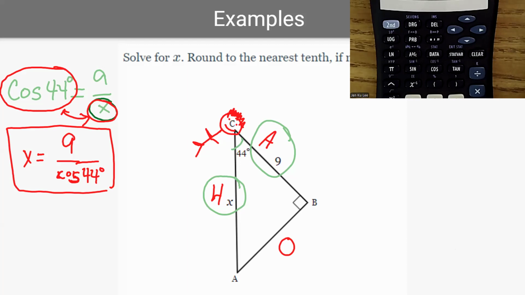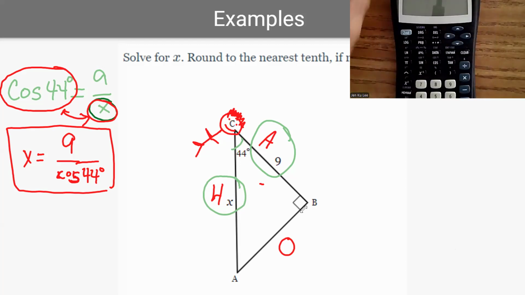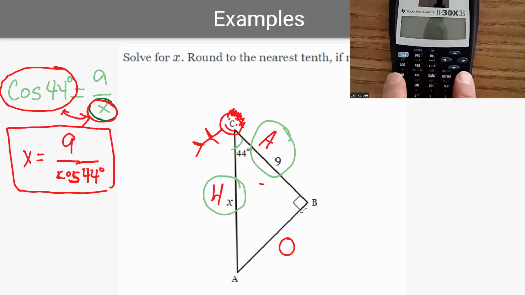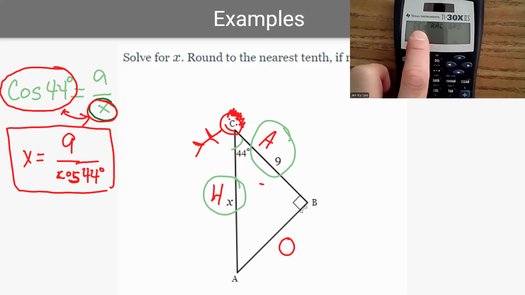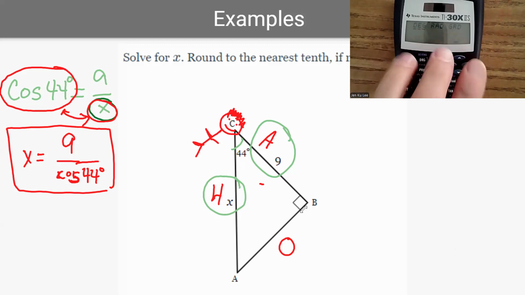And with the calculator, what I'm going to do is first make sure it's in degree mode, DEG. Radians and gradients we're not going to touch in this class.